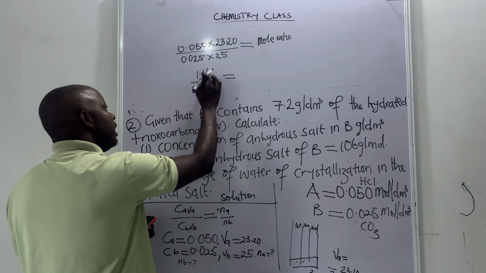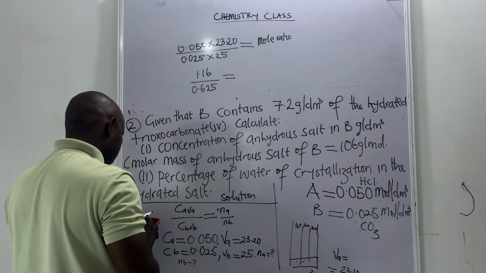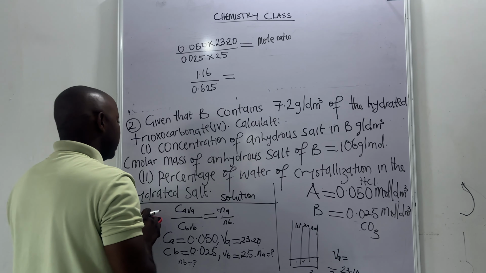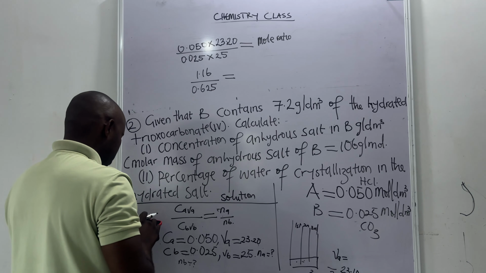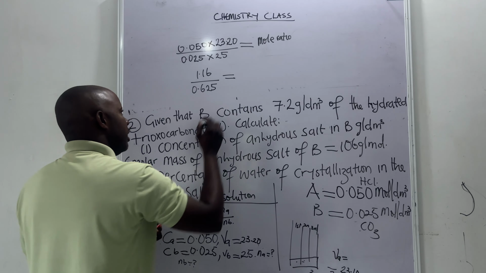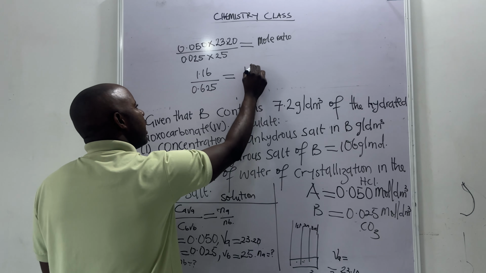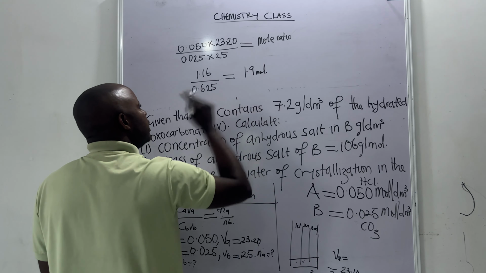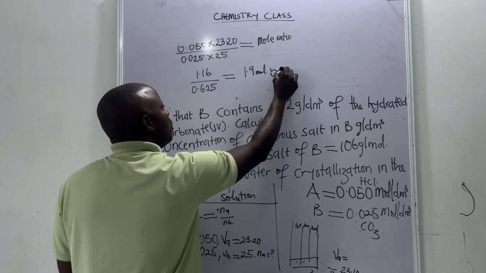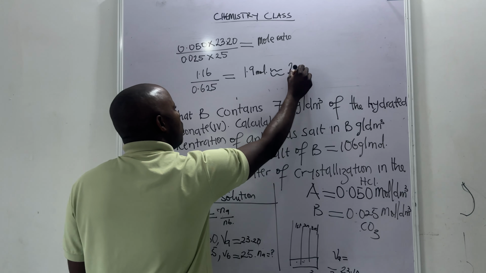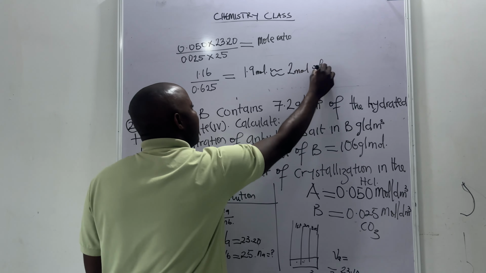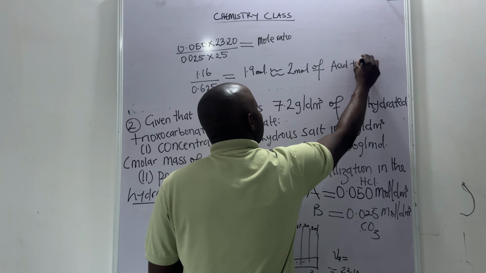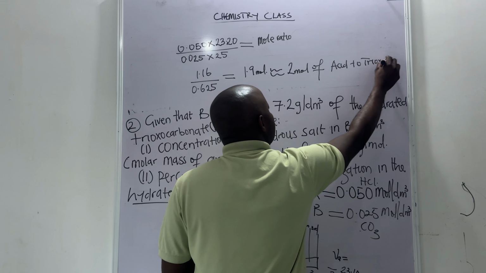If we divide this now, 1.16 divided by 0.625, here we have 1.9 mole. This now can be approximated to 2 mole of acid to what? To the trioxocarbonate.